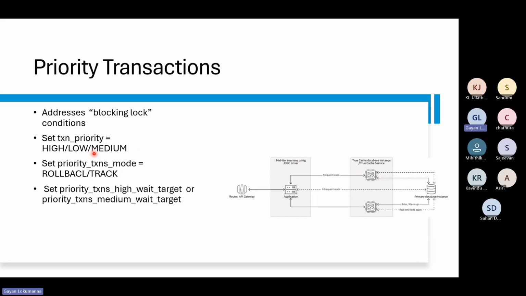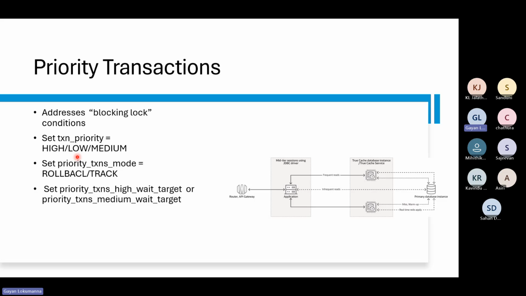levels, then they will be treated equally, which means suppose two sessions with medium priority, one initiates the transaction and he has not committed. Second session starts with the same medium priority. He also wants to do the change on the same record and he will be waiting. So his transaction will not be affected like that because both are using the same transaction priority levels.